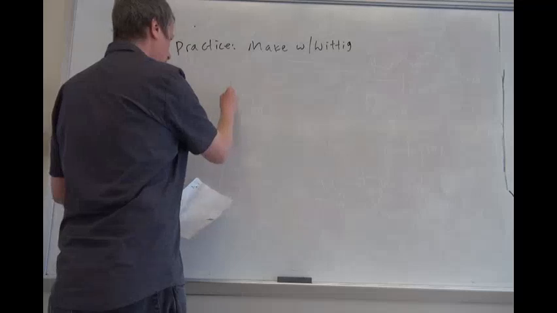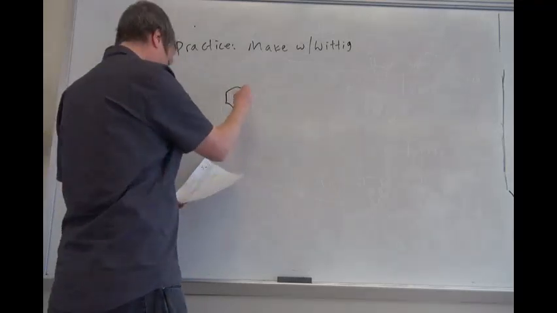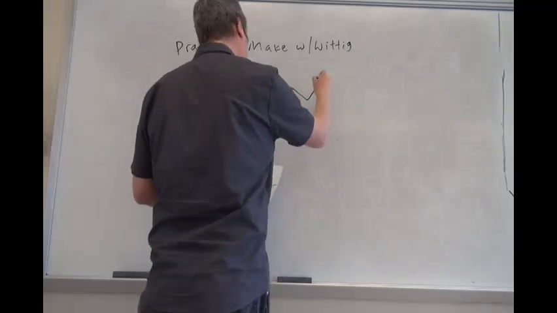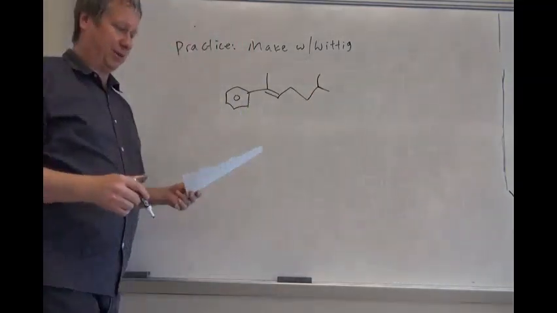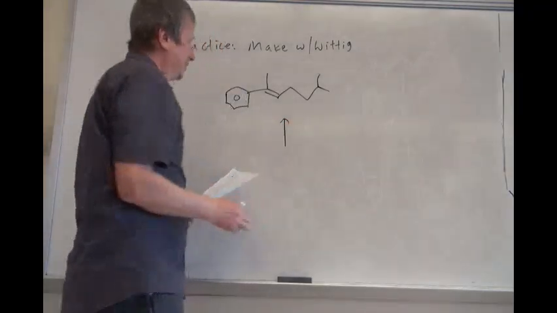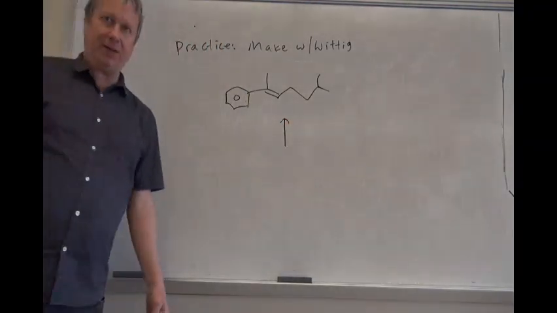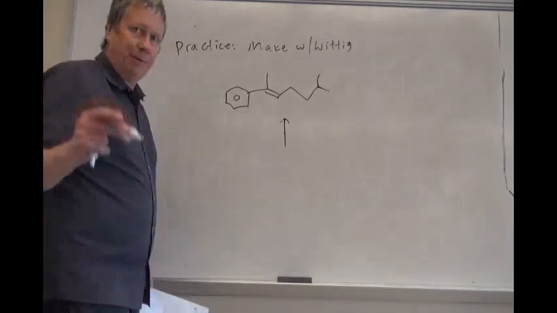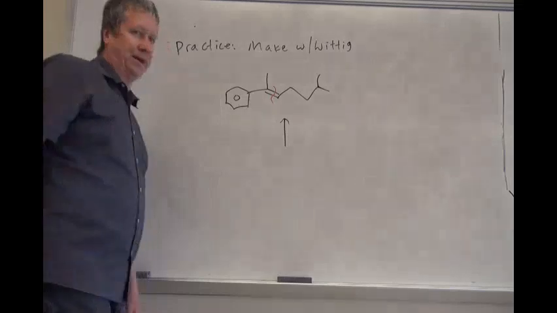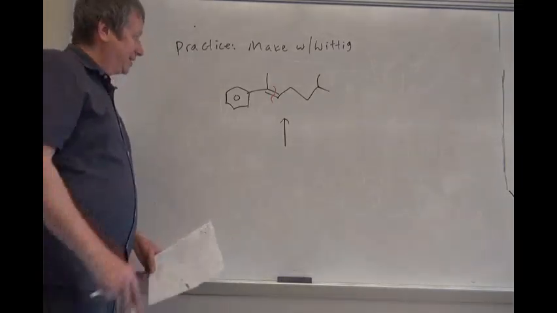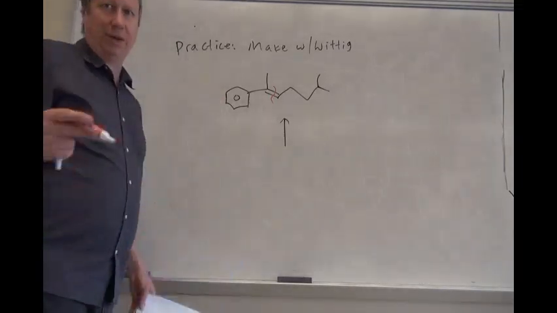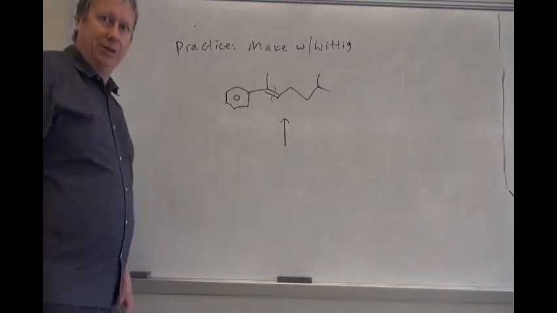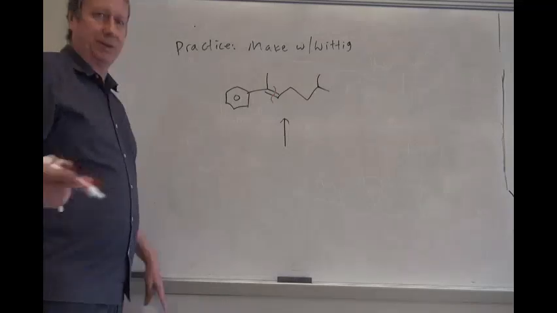Well, this is usually pretty easy. What are the 2 pieces? Maybe start with a squiggly line, and then you need 2 pieces: the ketone or aldehyde and the ylide, the phosphorus thing. And so you can pick the way to do that.